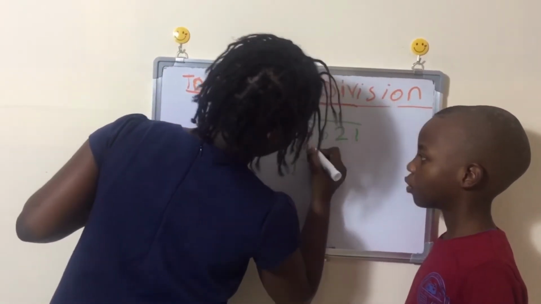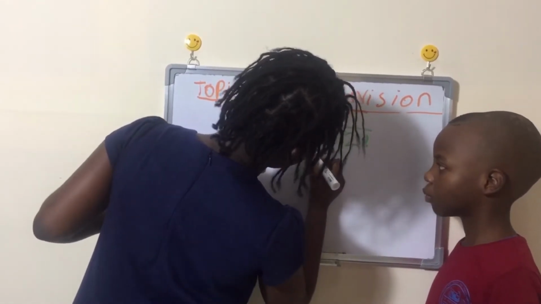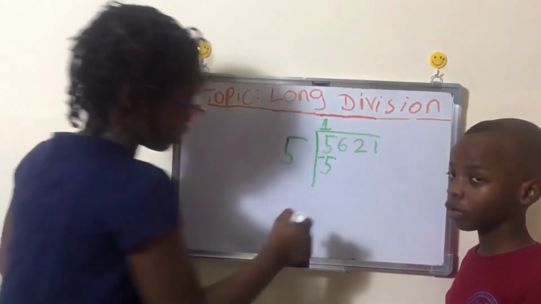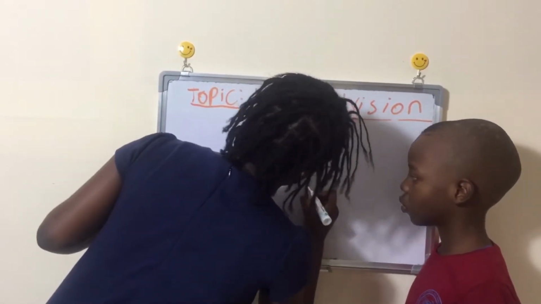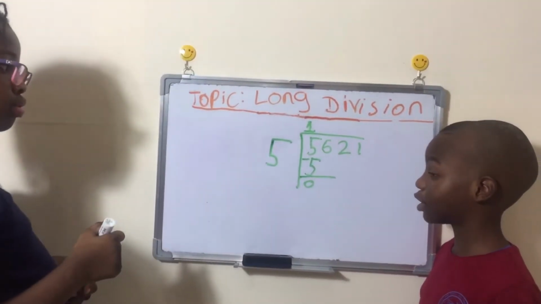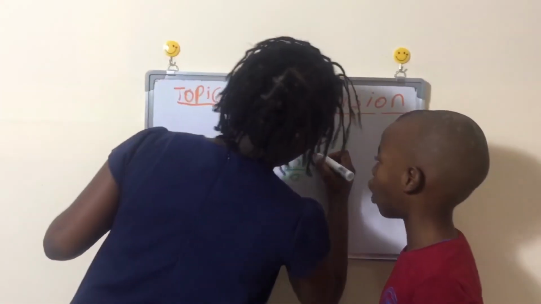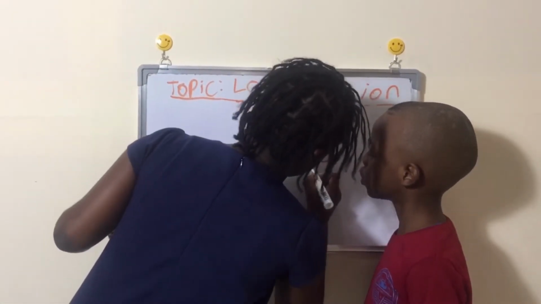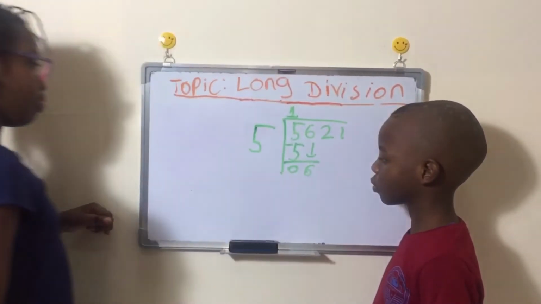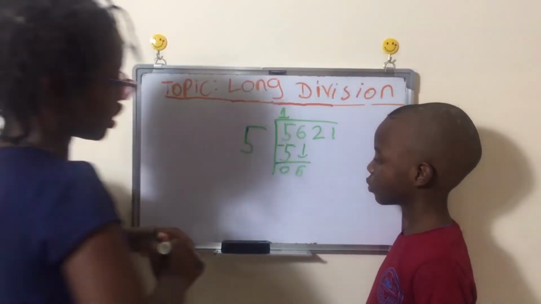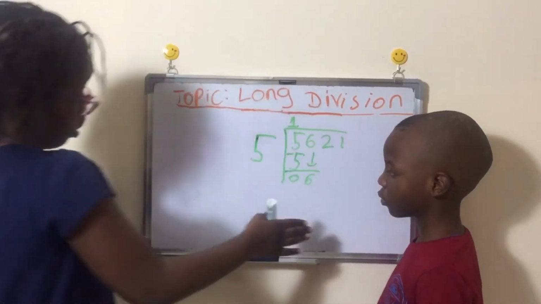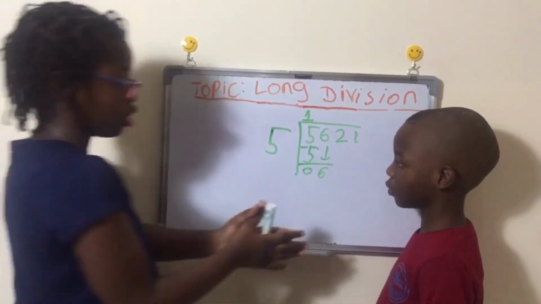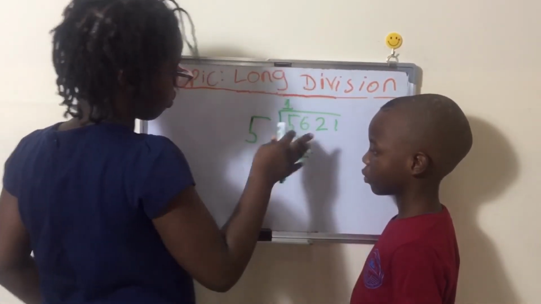We write our 5 here. Now we minus. We get 0. And then we have to take the 6 down. So now the 6 is down, so that we can do further with our work.